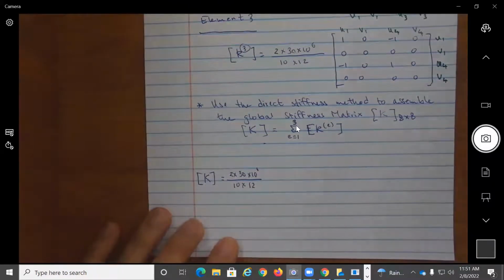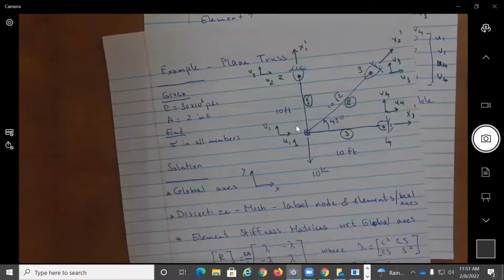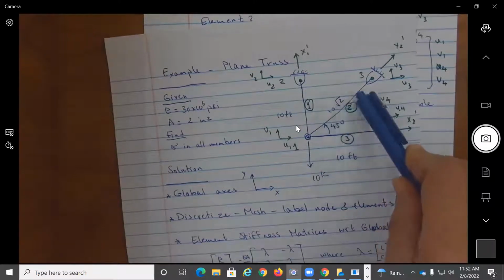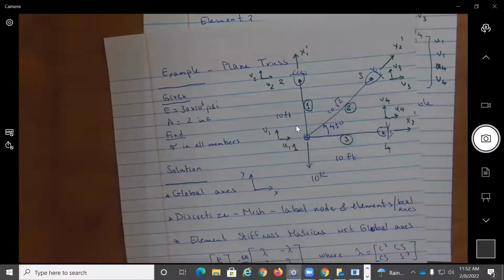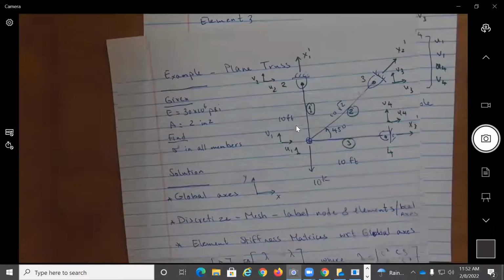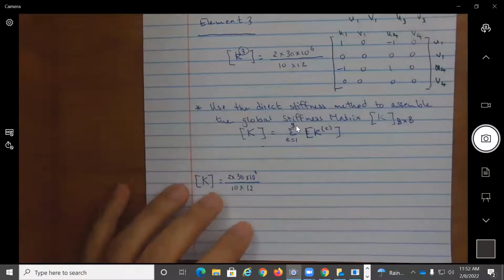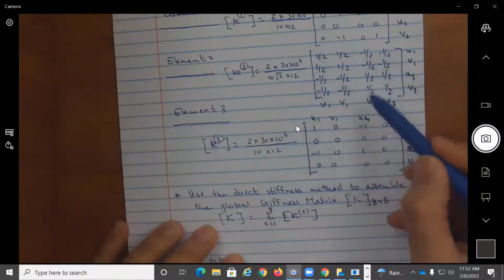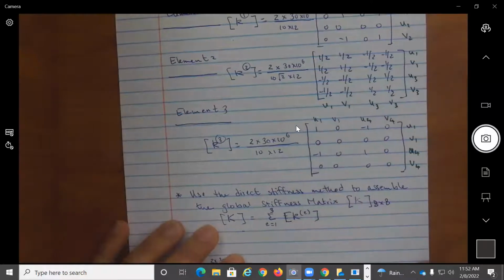Let's look at the elements. You see element 1, element 2, the L is 10 divided by the square root of 2, times the square root of 2. So now if you are taking the general length, what happens to that? I'm going to have to include that in my matrix. So I just took a common factor, but I'm going to have to keep in mind the square root of 2. So basically all these elements are going to be divided by the square root of 2. Correct?